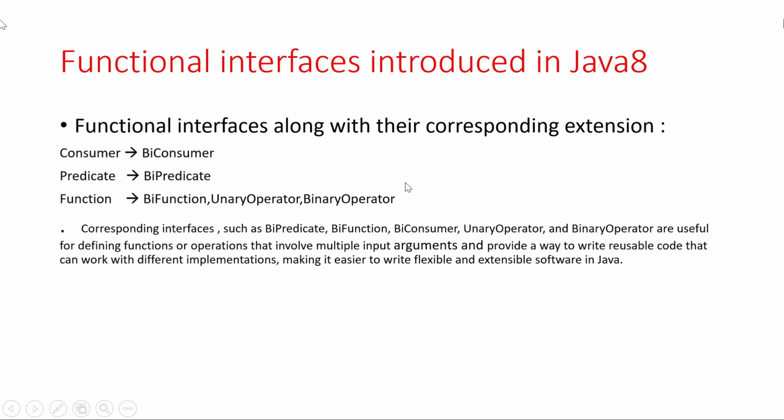The corresponding interfaces such as BiPredicate, BiFunction, BiConsumer, UnaryOperator and BinaryOperator are useful for defining functions or operations that involve multiple input arguments and provide a way to write reusable code that can work with different kinds of implementations, thus making it easier to write flexible and extensible software in Java.